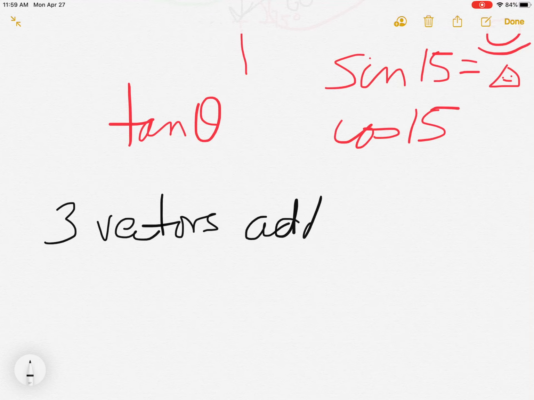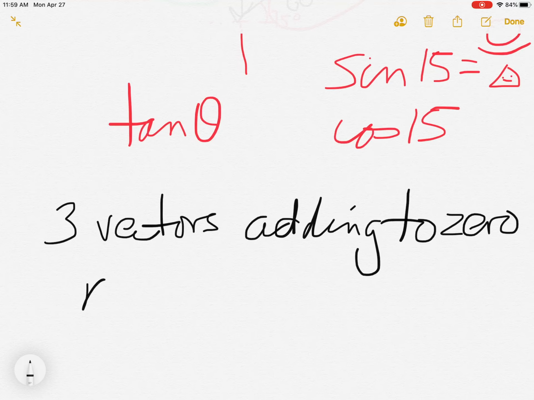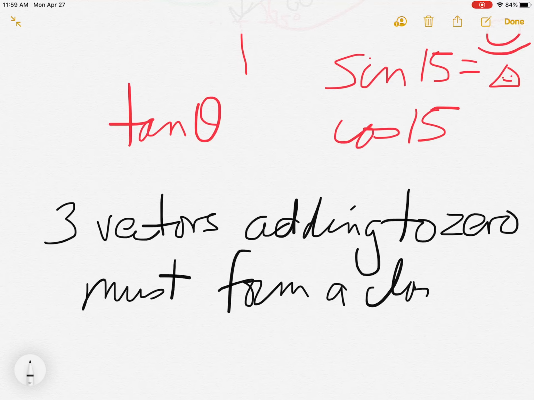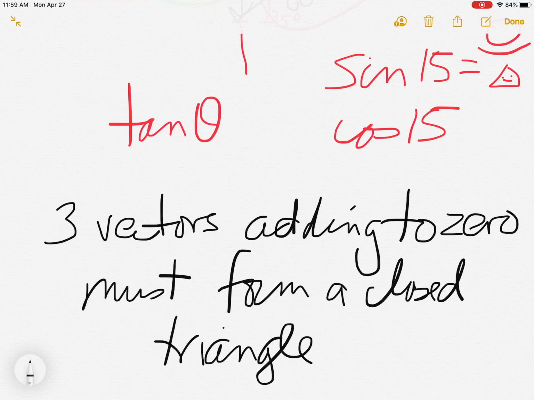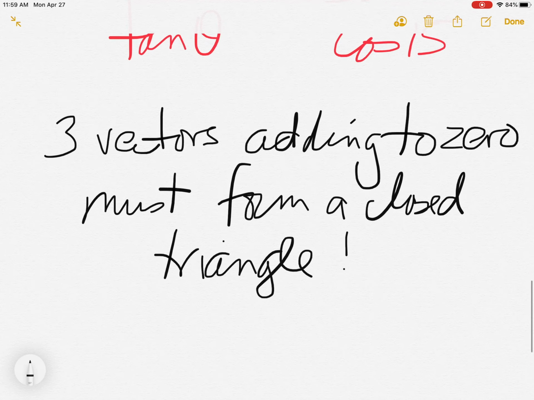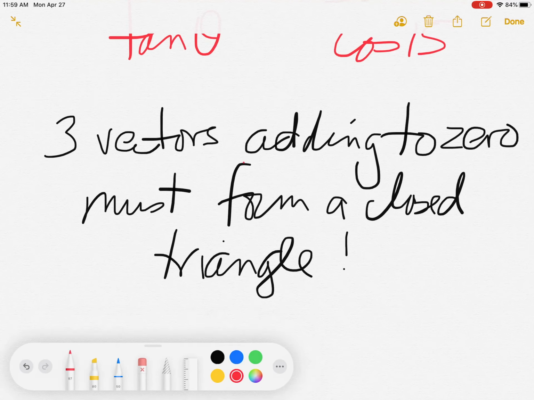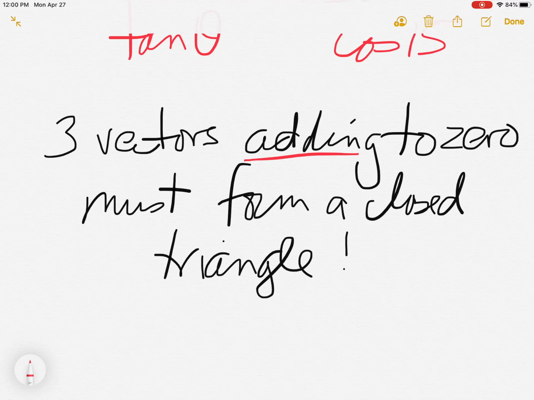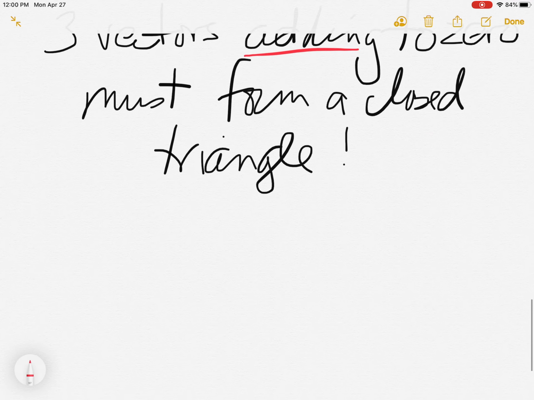So remember that. Write this somewhere ingrained in your brain, that 3 vectors adding to 0 must form a closed triangle because they all have to be put tip to tail in order to add.